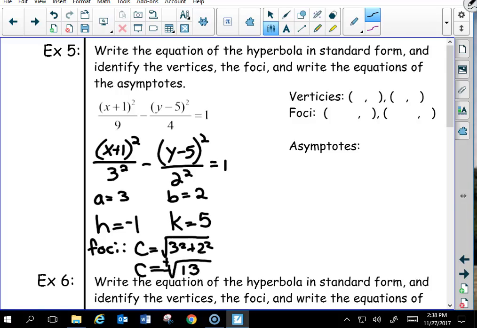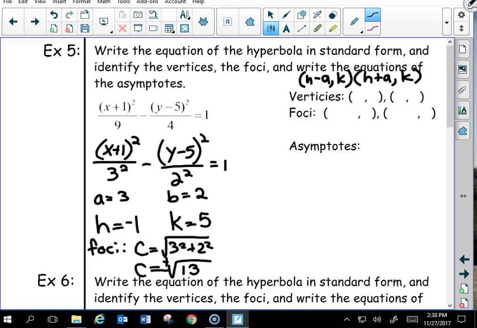Let's identify the vertices. From page 767, we can see that when we're transforming off of the origin, and this is going both left and up, we'll get our vertices at (h − a, k) and also at (h + a, k).